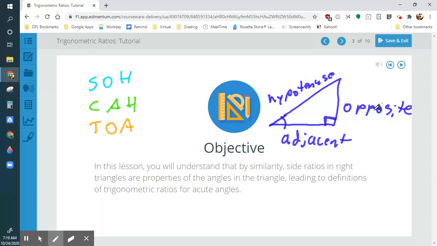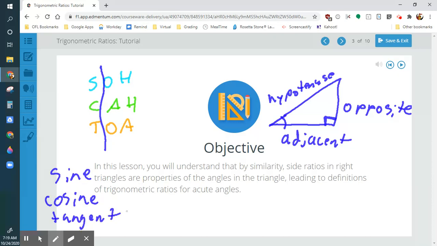Now, the reason why these are so important, look at the letters O, A, H. In here, we're going to talk about 3 trig functions. And those trig functions are sine, cosine, and tangent. And we're going to get into that in this unit.